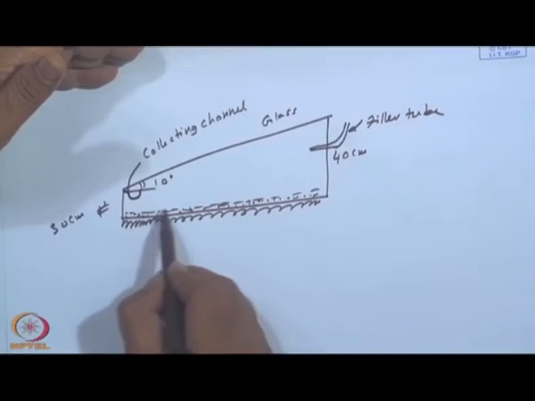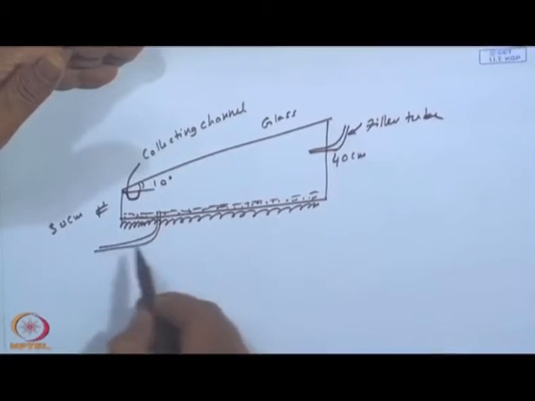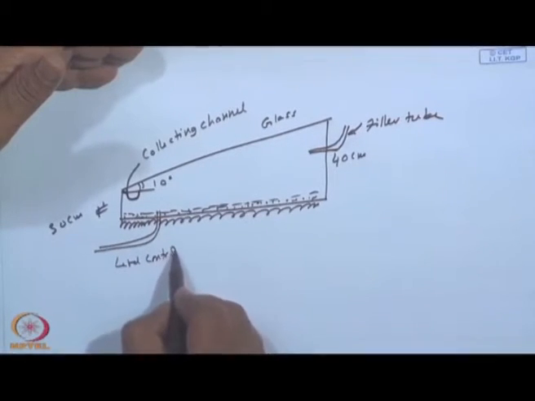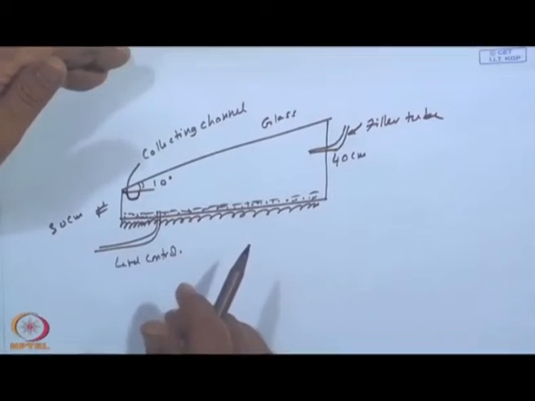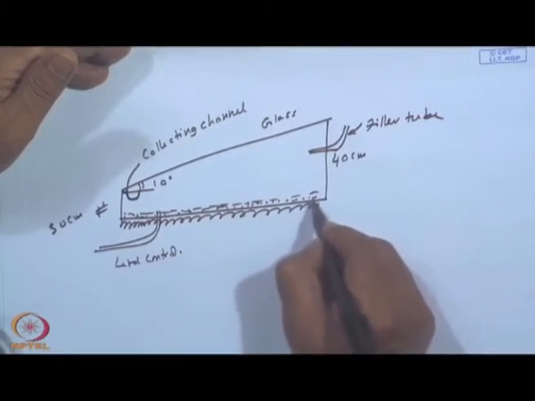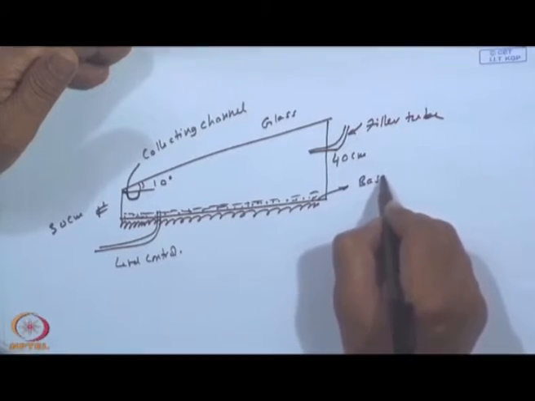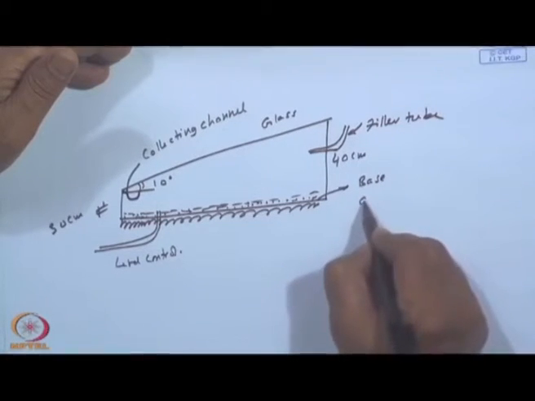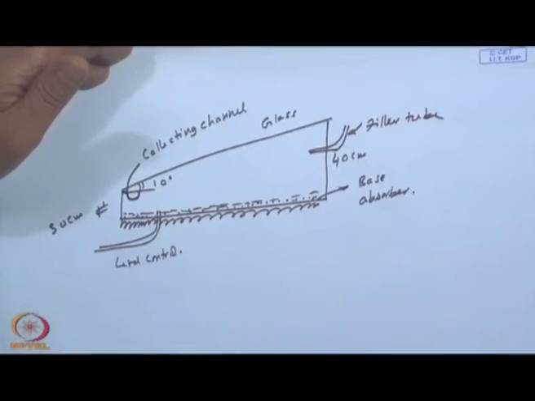If you want to have control for the level, you can have a drain level control, so if you put in more water, it gets out beyond that thickness. And this is a base absorber.